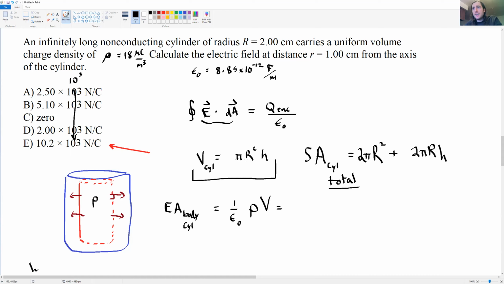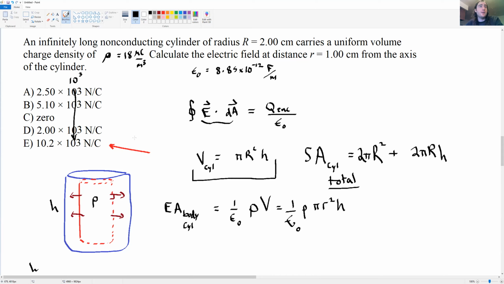The volume of the cylinder may be pi big R squared times h, but the volume of the Gaussian surface that we've chosen is pi little r squared times h. So 1 over epsilon naught rho pi little r squared times h. We can take h to be the height of this thing.